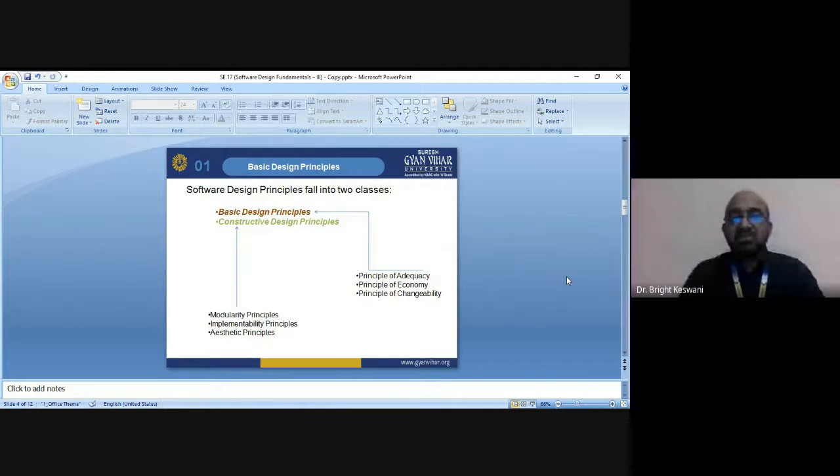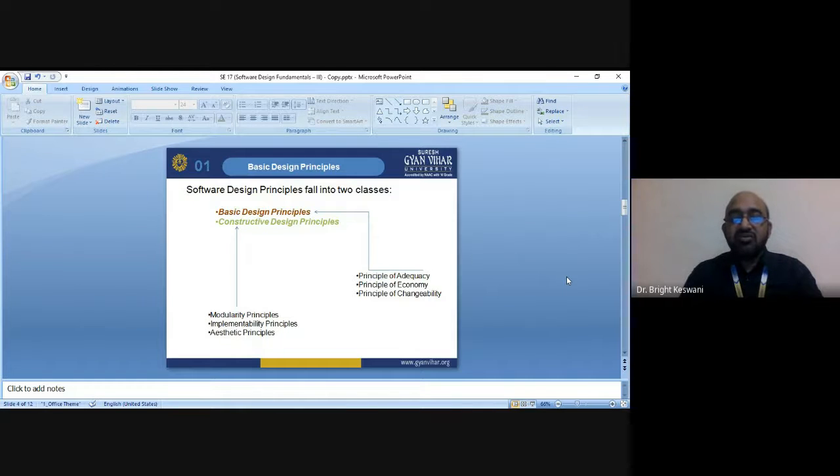Basic design principles consist of the principles of adequacy, economy, and changeability, whereas constructive design principles are based on modularity, implementability, and aesthetic principles. Let us discuss all types of principles one by one.